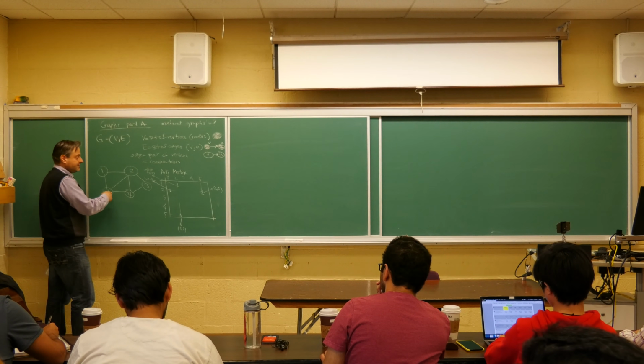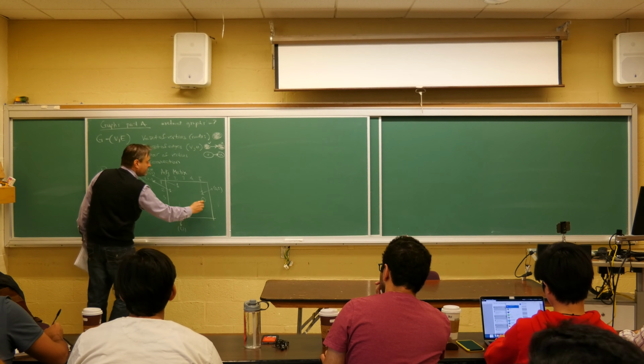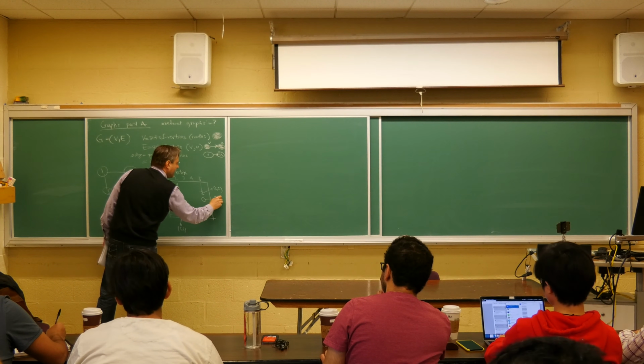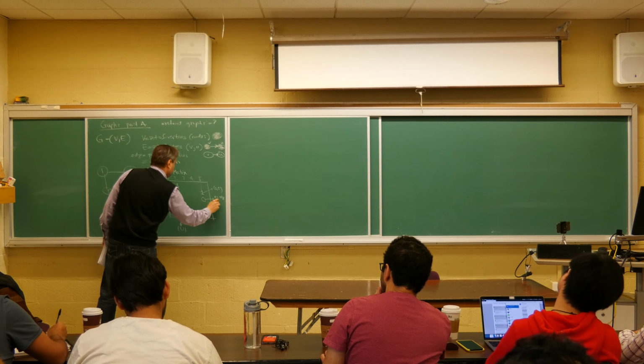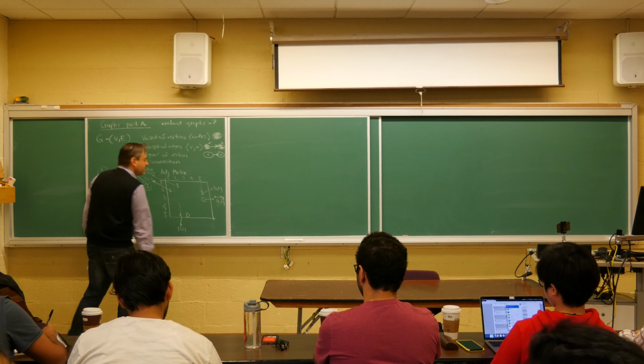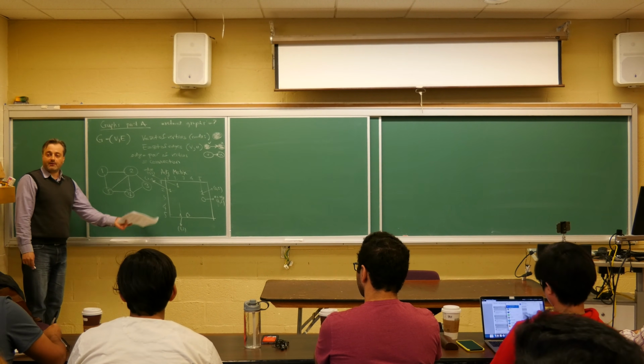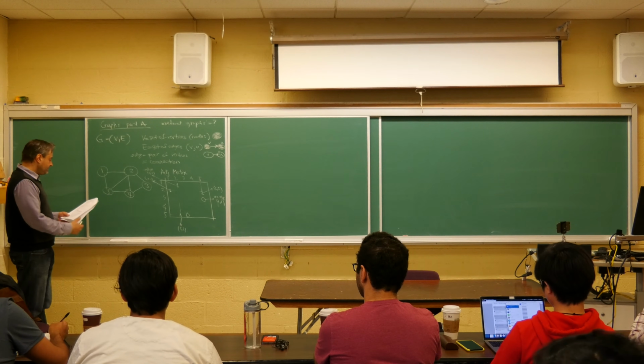Or 3, 5, that's not an edge. So 3, 5, right here will be a 0. Similarly, 5, 3 will be a 0. So in an adjacency matrix, I have ones when I have edges, 0 when I don't have edges, right?